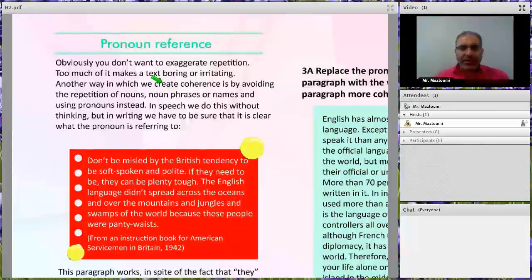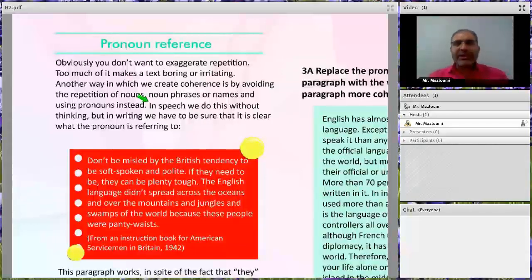We also have mine, yours, his, and object pronouns: me, you, him, her. So instead of repeating nouns, we can use pronouns. In speech, we use pronouns without thinking.